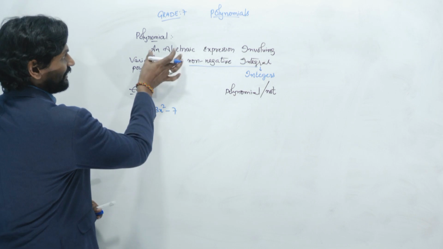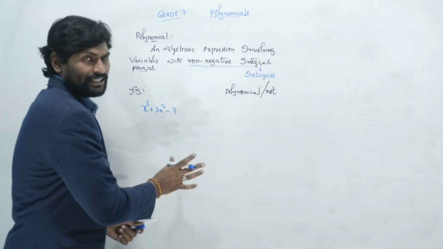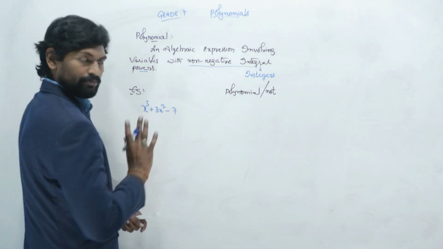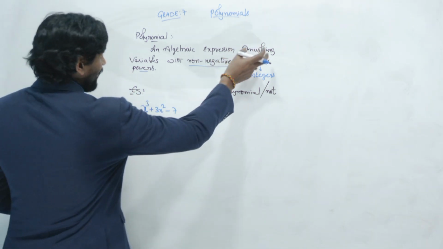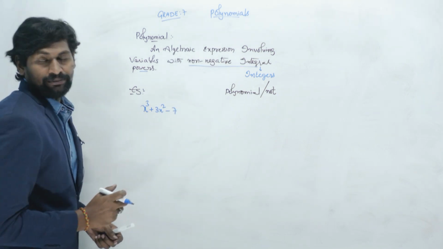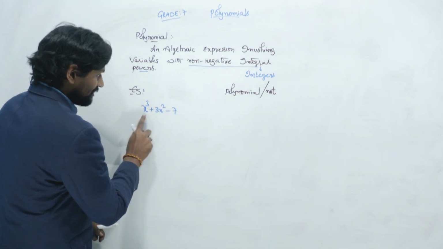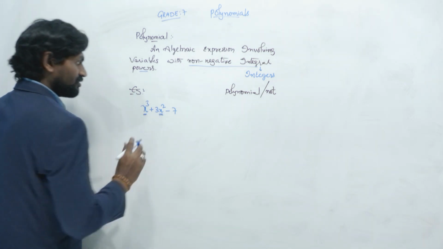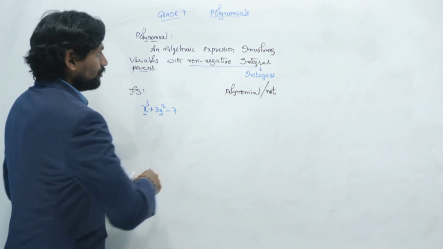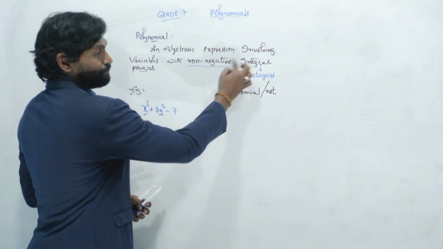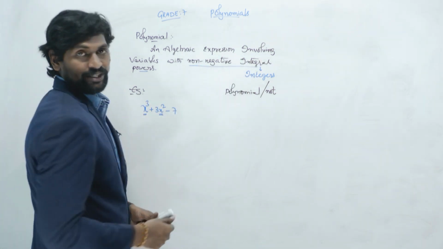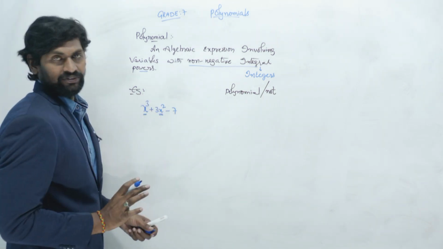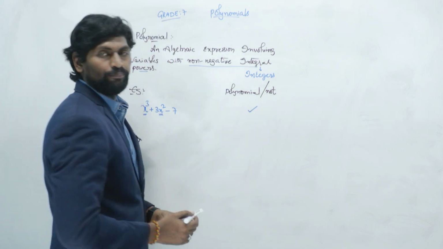According to the definition, it is an algebraic expression, because it involves variables. The variable is x: the first term has x, the second term also has x. Now their exponents must be non-negative integers. Yes, 3 is a non-negative integer, 2 is also a non-negative integer. Yes, it is a polynomial.